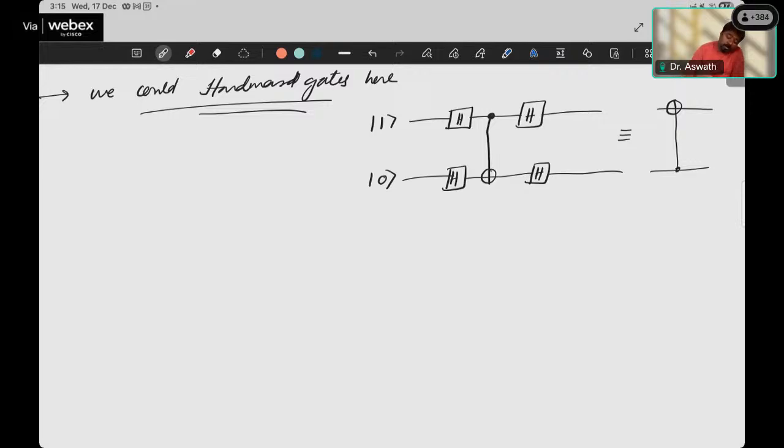But here I have Hadamards. Let me see what psi 0, psi 1, psi 2, and psi 3 are. So there are three stages.